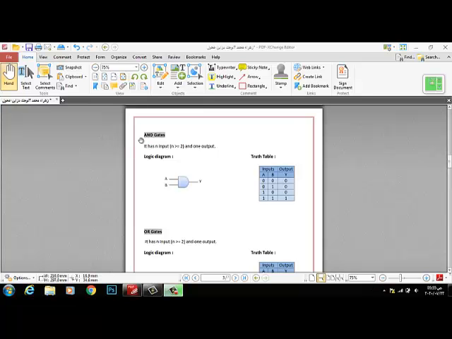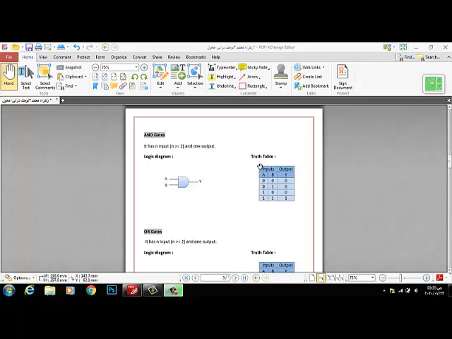Now we start with the AND gate. It has n inputs, where n is greater than or equal to 2, and 1 output. The AND gate performs multiplication. Here is the symbol of the AND gate: it has 2 inputs, and can have more, and just 1 output.